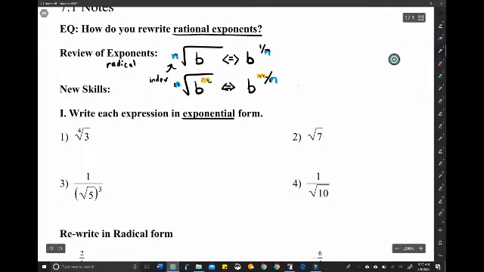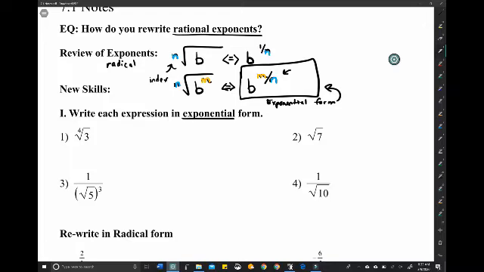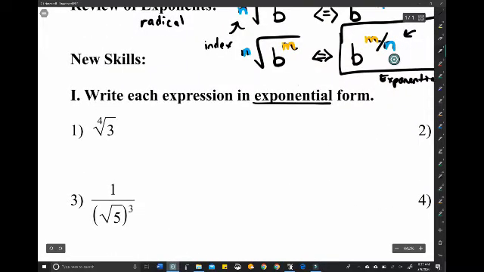So I want to go from radical to what we call exponential form, because we have an exponent. Okay, so let's just apply what we did. For number one here, we don't have any m power.